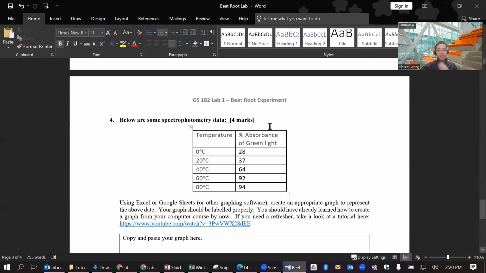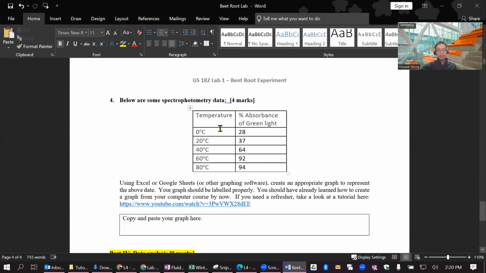All right, so here are some data. We have temperature on one side and we have absorbance on the other side, okay? Watch the video. The person will show you a graph and the type of graph to use, as well as what goes on the y-axis and what goes on the x-axis.